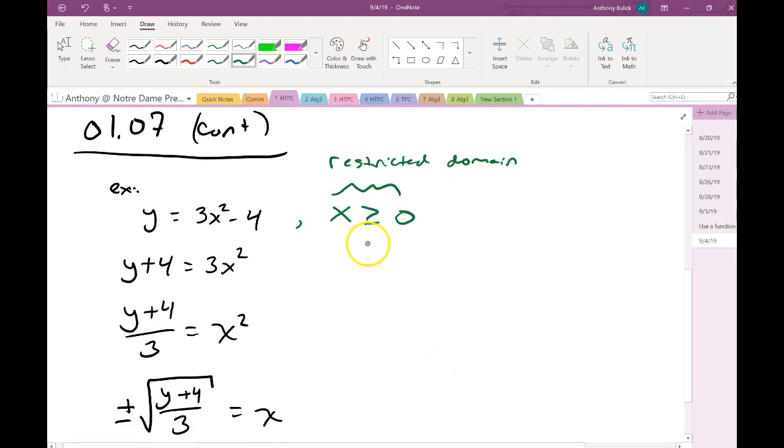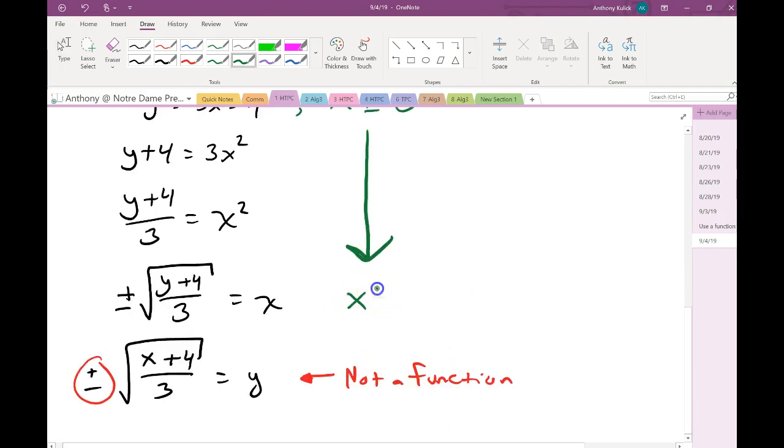Nothing changes in the way we do this until we get to this step. If I know that the x's have to be greater than or equal to 0, that allows me to drop the minus from the plus or minus, because I know that x's have to be greater than or equal to 0. Everybody's fine with that?